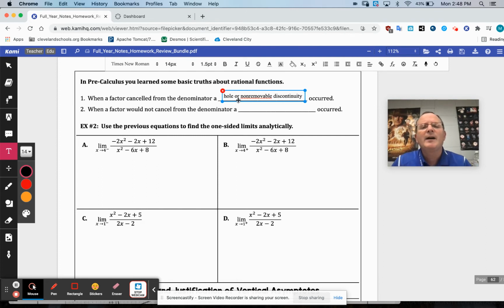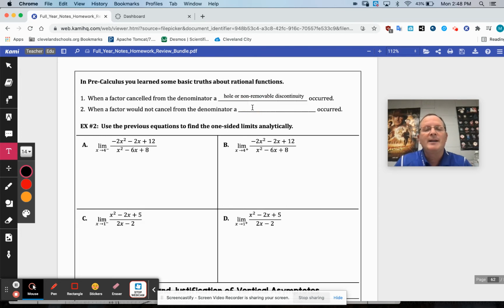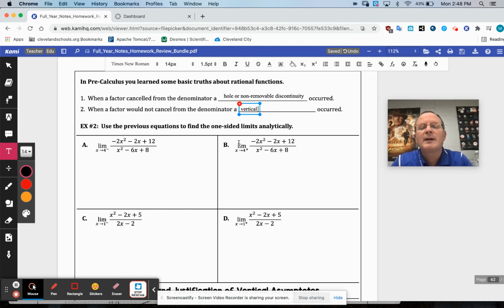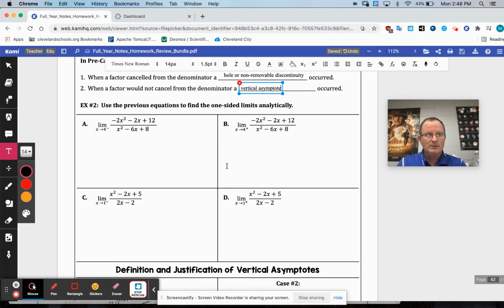Maybe go hyphenated there. And then right here, when a factor would not cancel, you had a vertical asymptote. Cool.